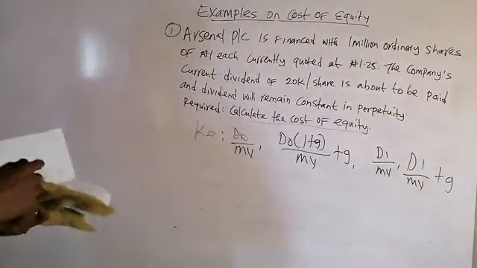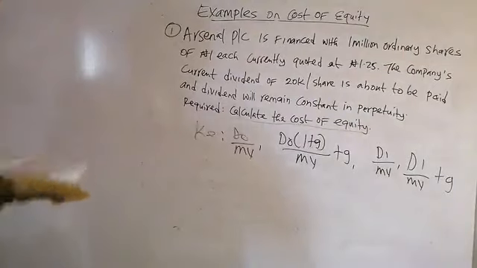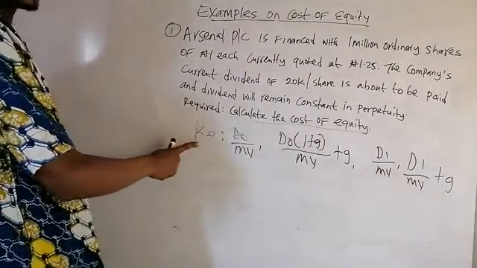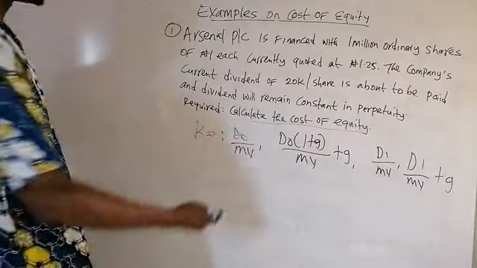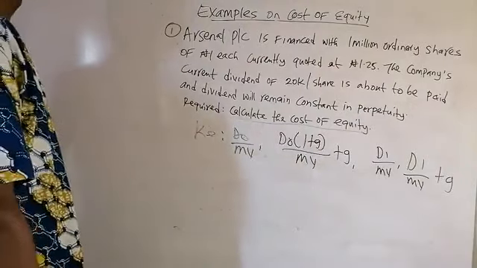These are the various formulas for computing cost of equity. Cost of equity is symbolized as Ke.